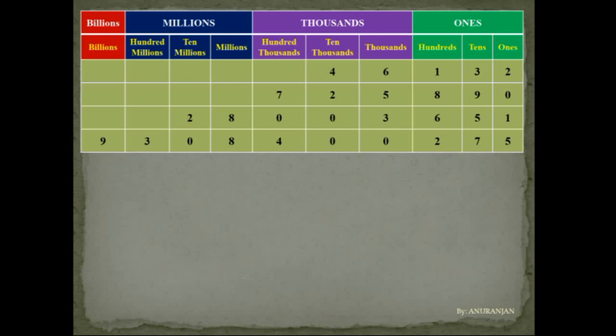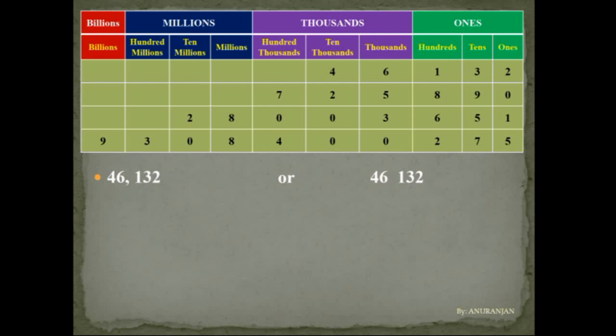Now let's try to represent them in figures. So remember, here we have groups of 3 and 3. So you'll use commas accordingly and spaces. So let's look at the first number, 46,132. How will we represent? By using a comma in the first case and using a space in the second case.